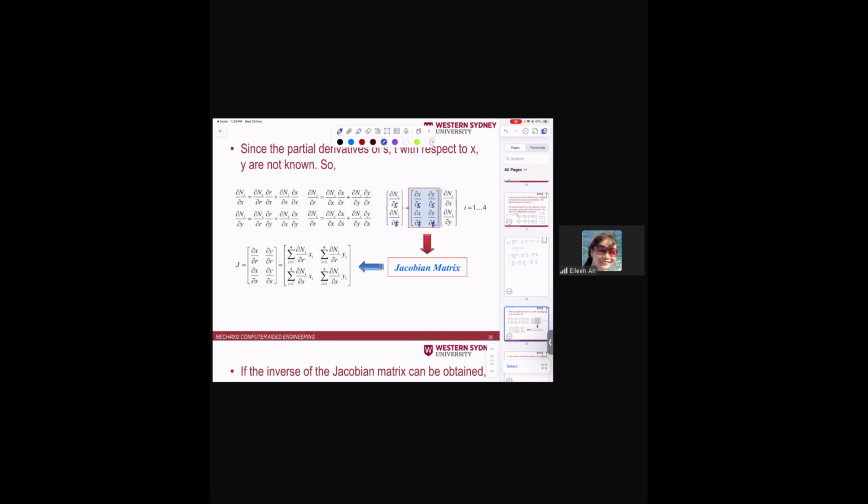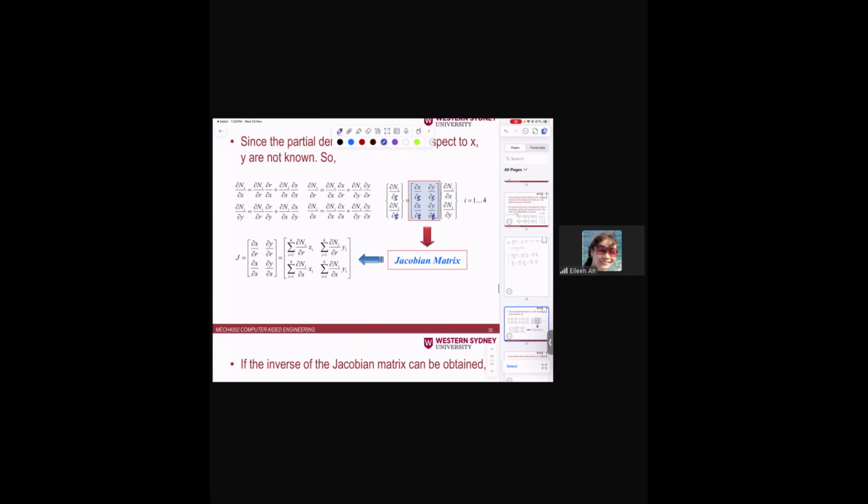So if we have the inverse matrix of this, actually we have partial Ni over partial X and partial Ni over partial Y equal to the inverse of the Jacobian matrix multiplied by partial N over partial S, partial N over partial T. So if we want to convert the coordinates from X, Y to S, T, we use the Jacobian matrix.